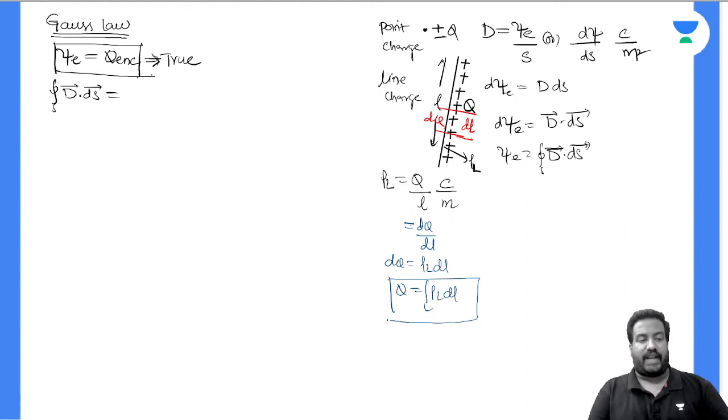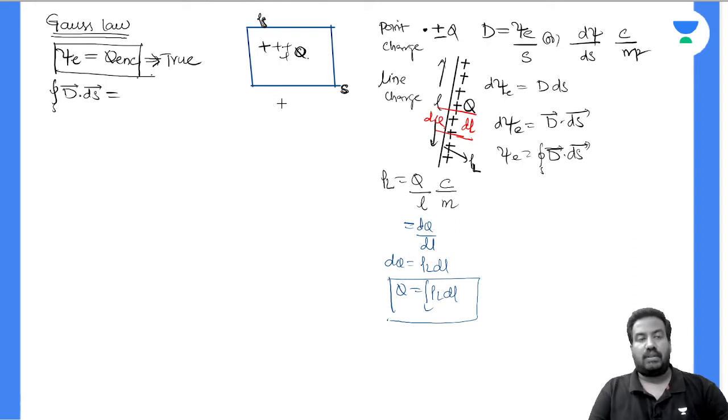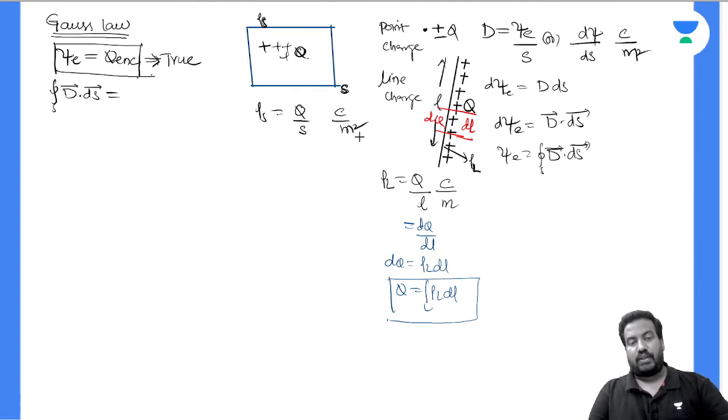Similarly, if you consider a surface having surface area S, carrying uniform surface charge density rho S, total charge distributed is q, then rho S surface charge density is total charge by total surface area, unit coulomb per meter square.